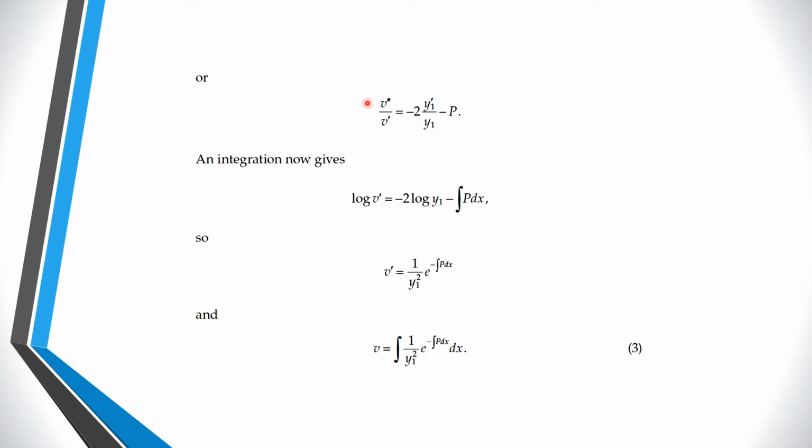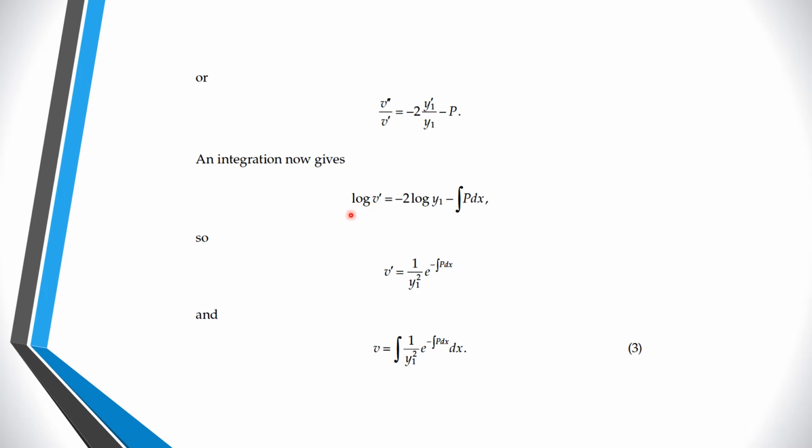Now you can integrate both sides. After integrating this, we will have log of v prime is equal to minus 2 times log of y1 minus the integral of p with respect to x. Or we can write this by taking this minus 2 inside, so it will become log of 1 over y1 square, minus the integral of p dx, and here you have log of v prime.